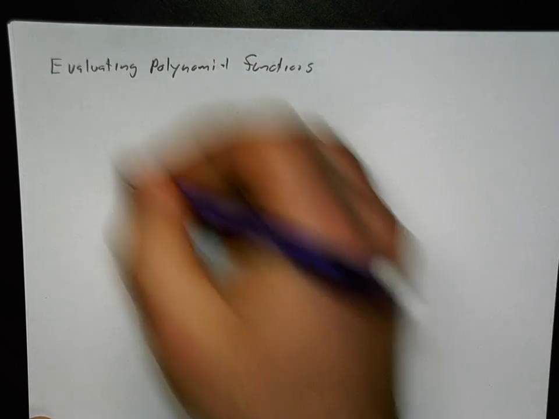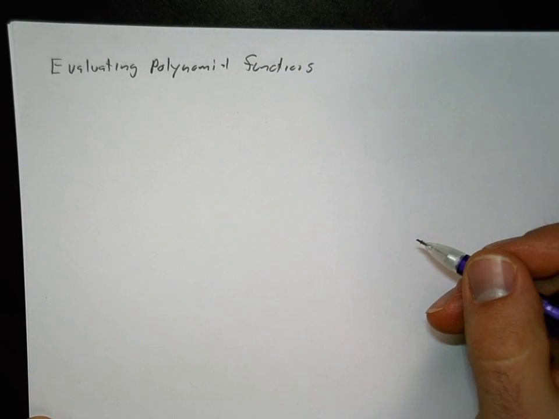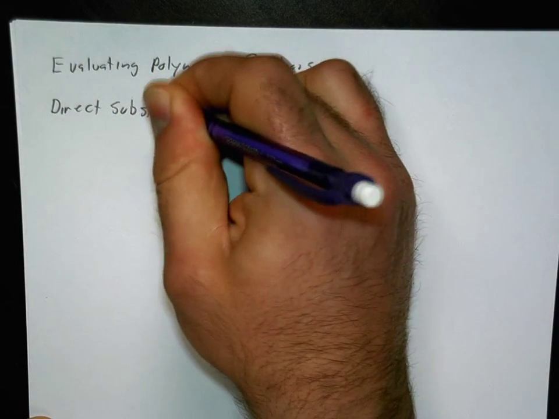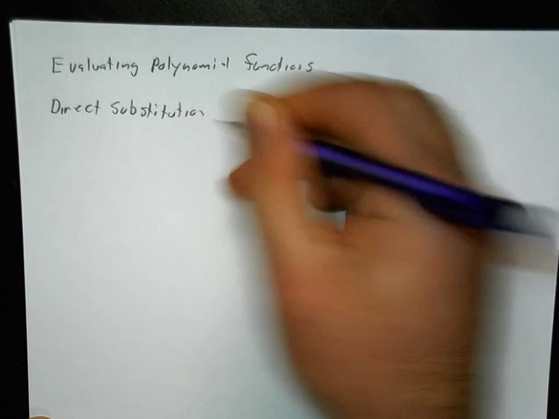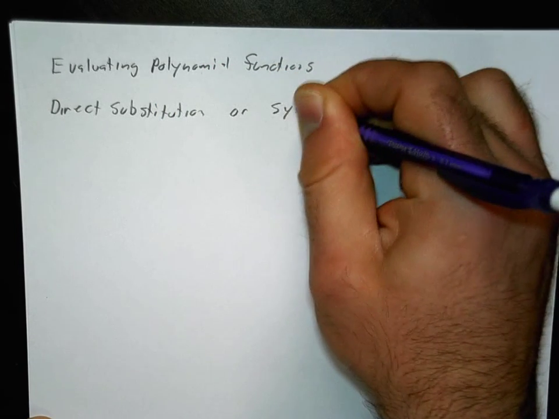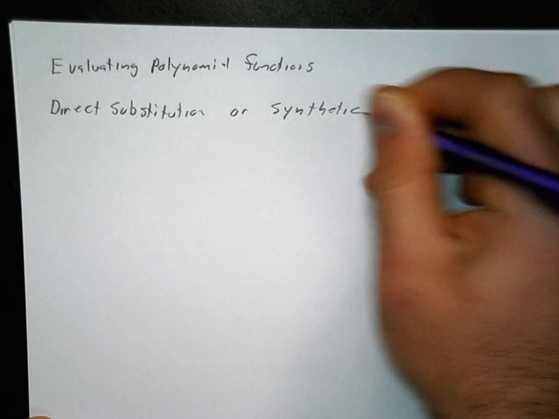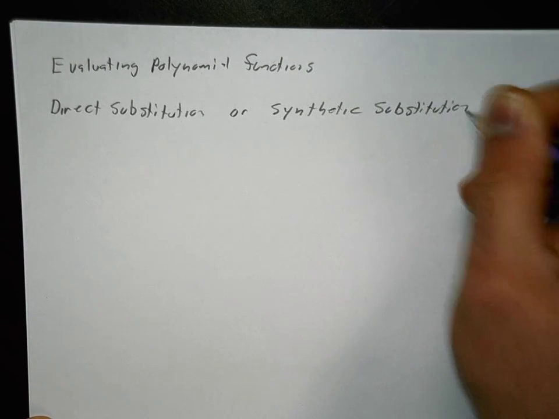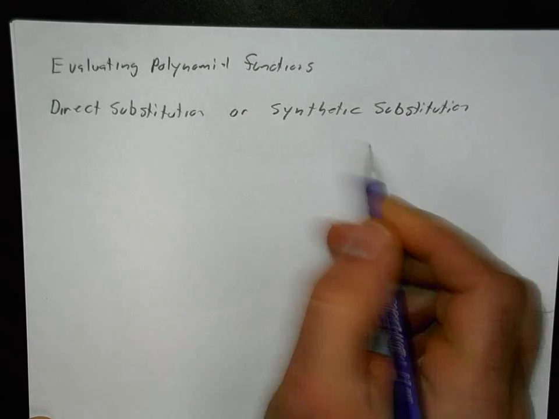One is called direct substitution, and one is called synthetic substitution. Okay, so we'll do examples of both.